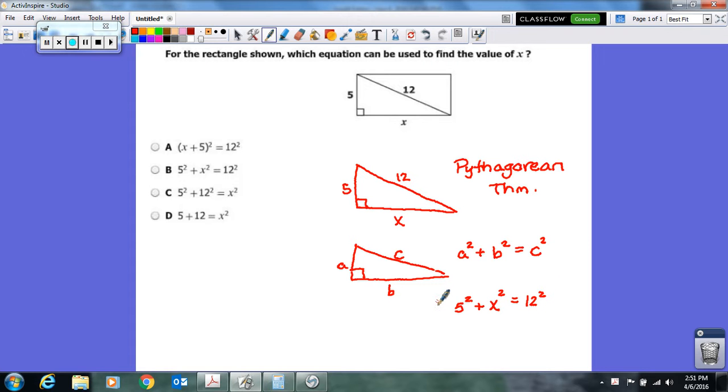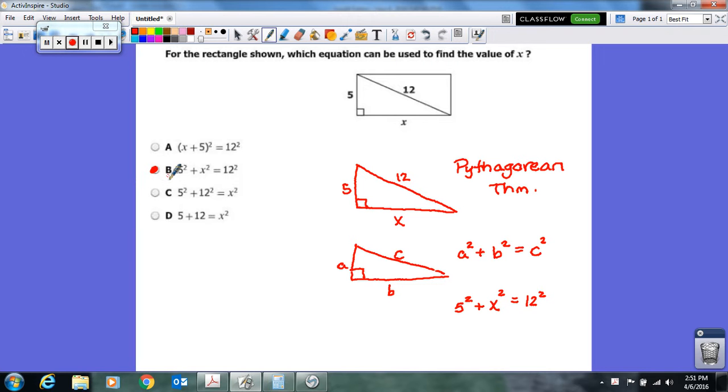So this equation that I just created would allow me to figure out what the measure of this missing side is. And of these answers right here, I'd have to say B looks exactly like what I was trying to write. So B is the correct answer.